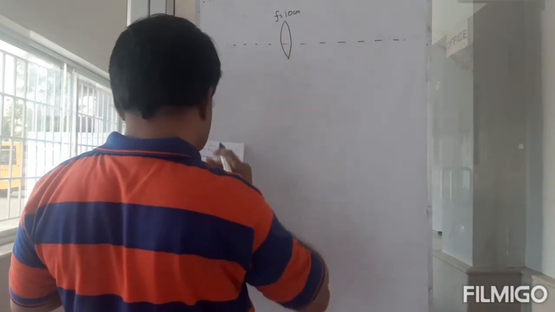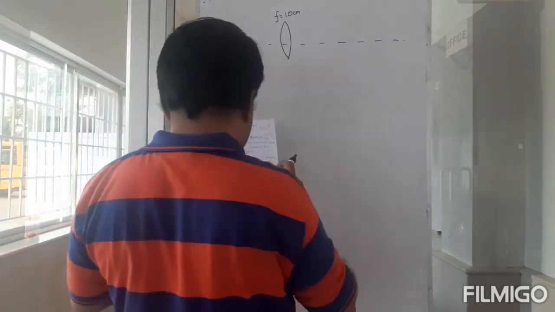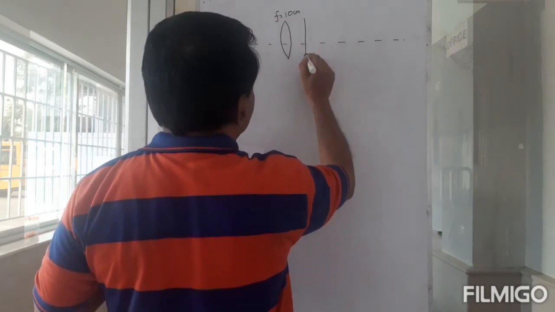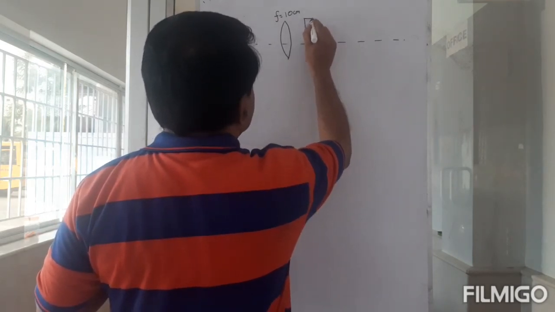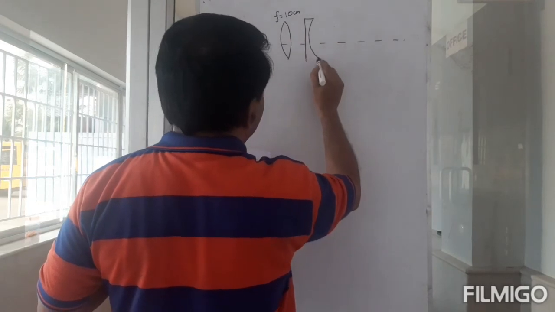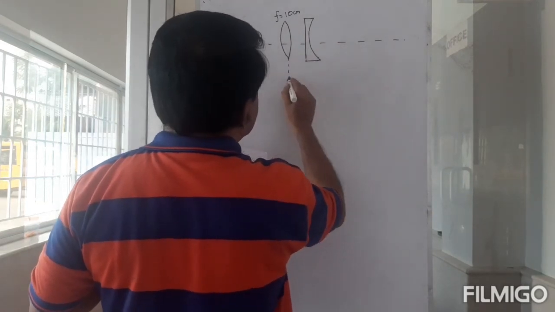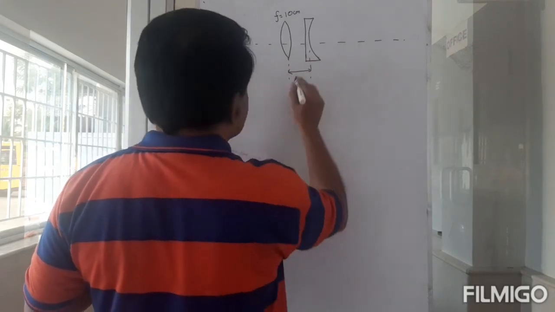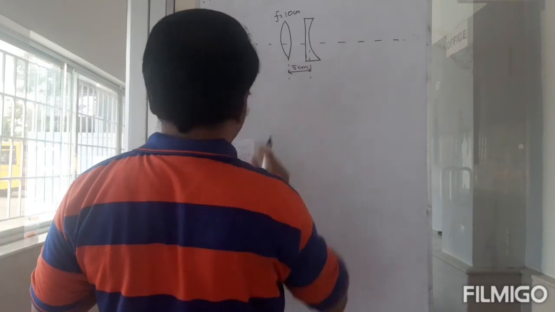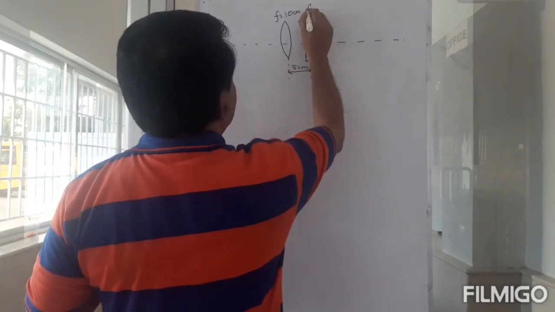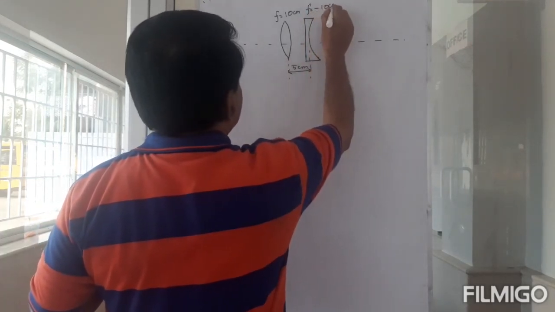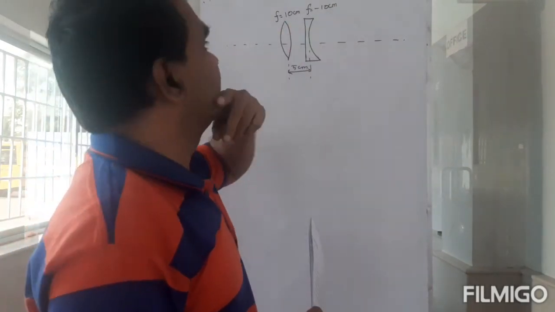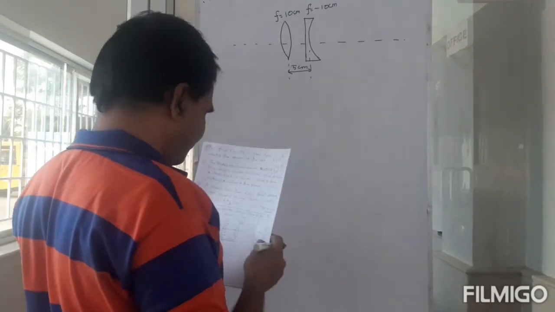And there is a plano-concave lens, kept like this, and the distance between those two is 5 centimeters. And this focal length is minus 10 centimeters. Clearly it's a concave lens, so the focal length has to be negative. We've seen that already.